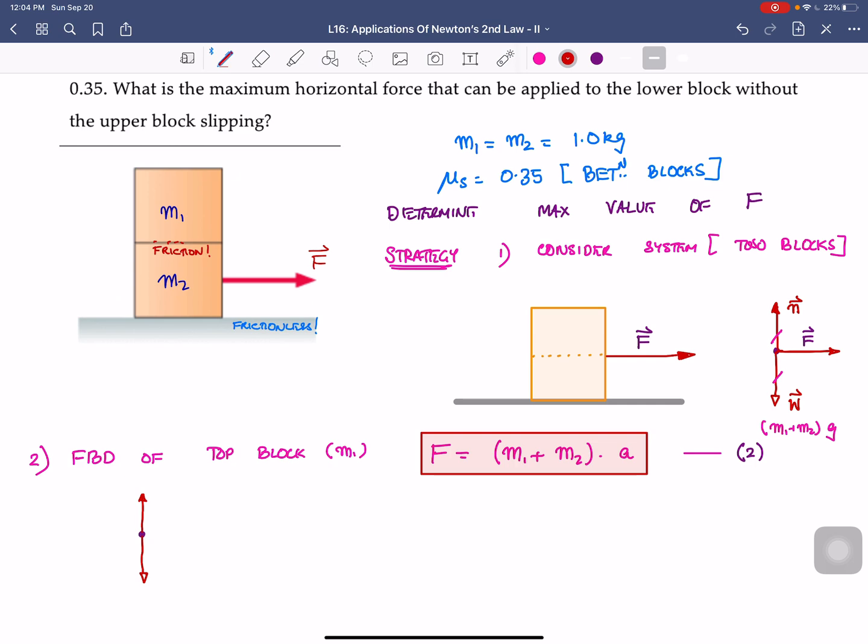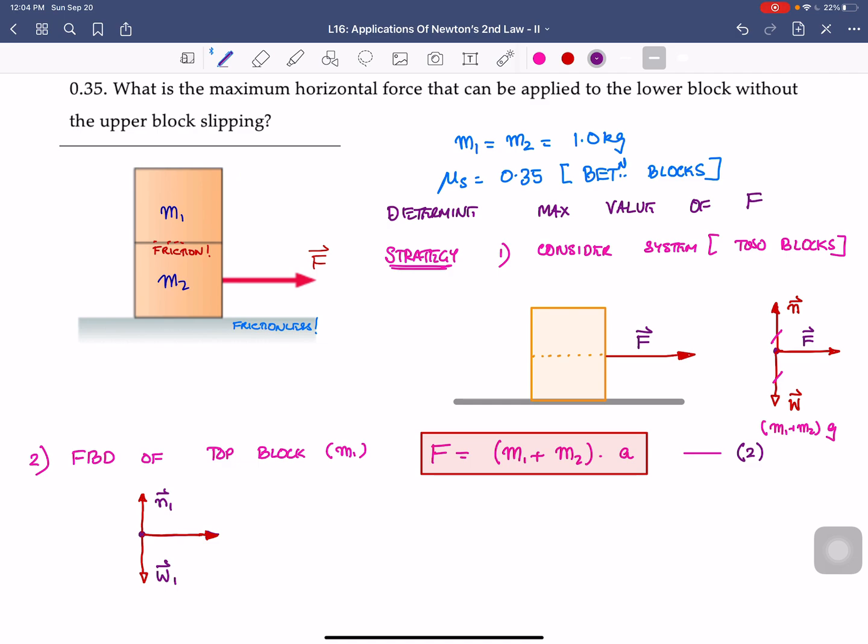So right here, what we have is Fs max. I always draw my forces in red, so let's stick to that convention here. This is W1, the weight of M1. That's the normal force acting on block 1. I'm going to call it N1.